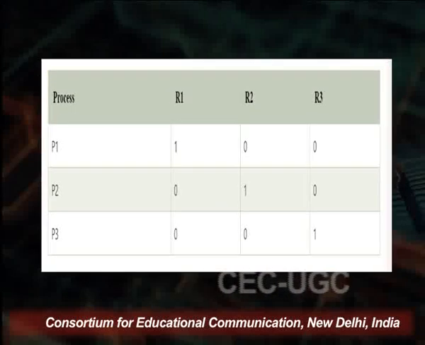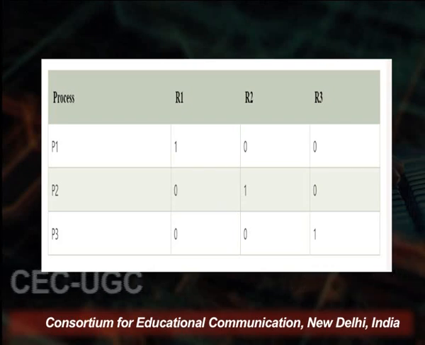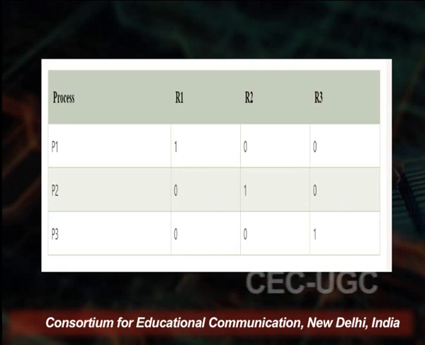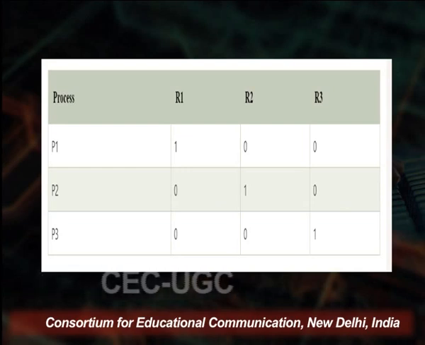Here is this request matrix, if you can see. There is an entry 1 in the cell of P1 and R1, so the process P1 has requested R1 and has not requested R2 and R3.